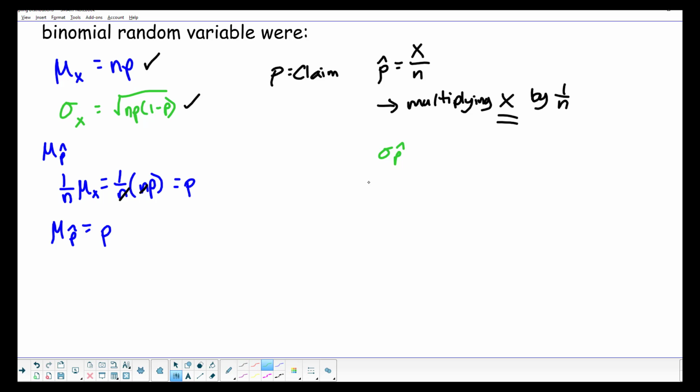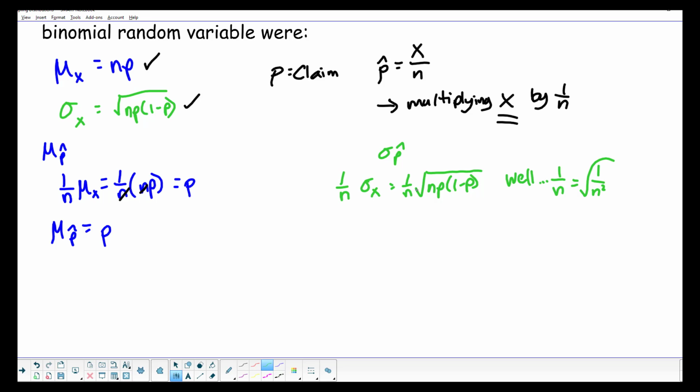How can we change that? Well, we've got our sigma sub x, and we are going to change that again also by the same thing, multiplying by 1 over n. So we take our 1 over n and then we multiply it by that formula, square root of n times p times 1 minus p. And with some clever manipulation, I can see that 1 over n is exactly the same thing as if I take the square root of 1 over n squared.